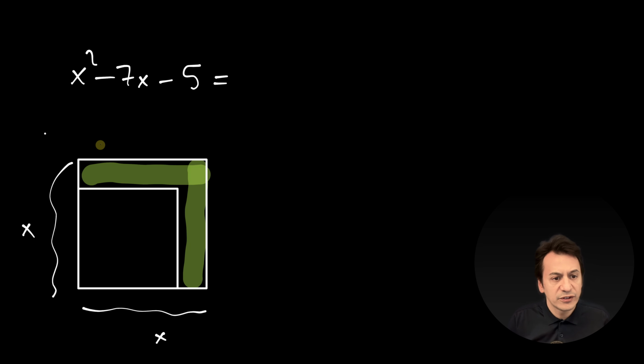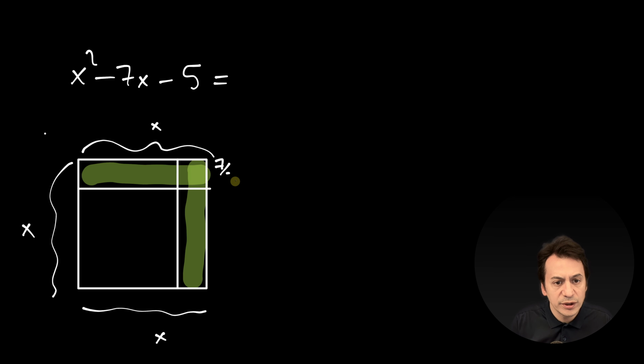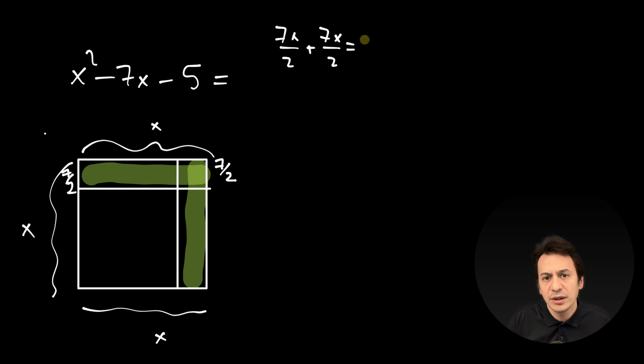So, since this side length is x, this small side length has to be 7 over 2, right? Because 7x over 2, the area of one rectangle, plus the area of the other rectangle will make 14x over 2. When simplified, it equals 7x. Here you can see it.